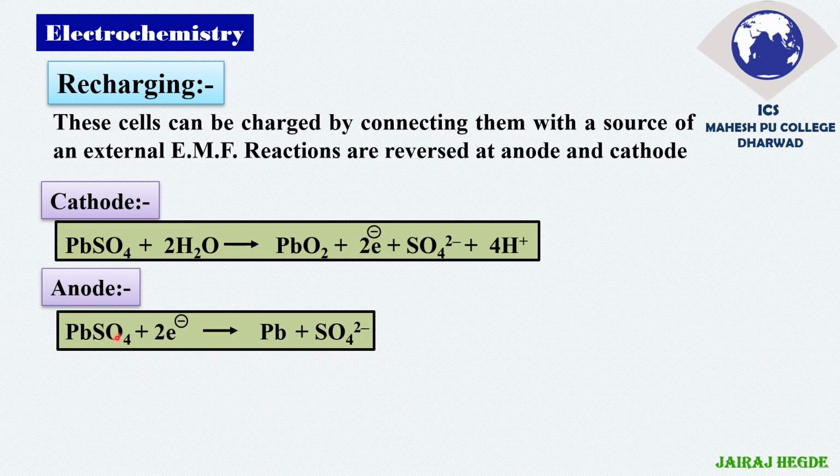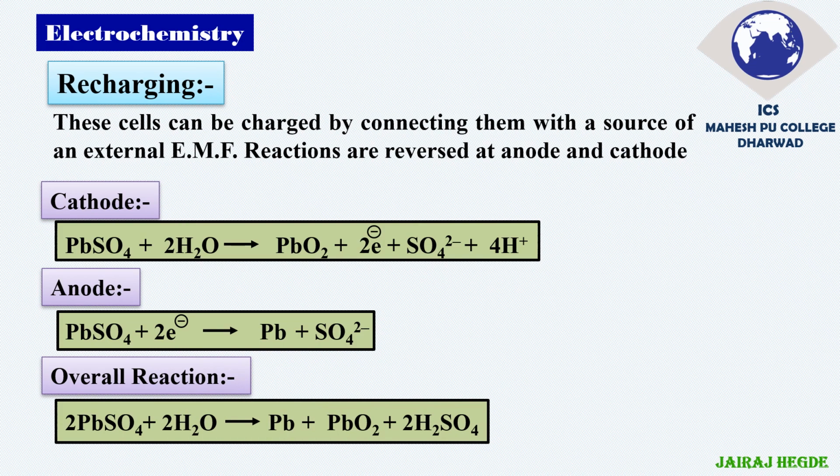At the anode, the opposite of oxidation takes place, that is why reduction takes place and forms Pb. Again it becomes the Pb and PbO2 cell. The overall reaction is 2PbSO4 plus 2H2O gives Pb plus PbO2 plus 2H2SO4.